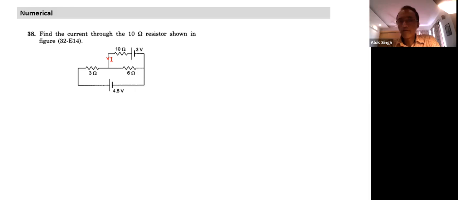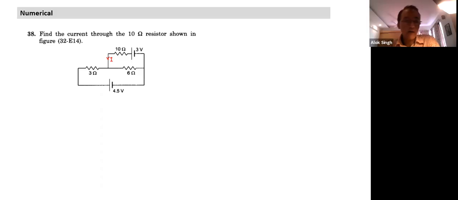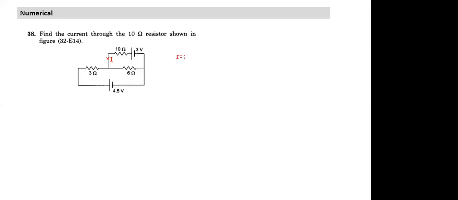Can you think, without writing an equation, why the current I will be 0? Without any calculation, can some of you think why the current through the 10 ohm resistor will be 0? I comes to 0. Because the potential difference across the 6 ohm resistor is also 3 volts.